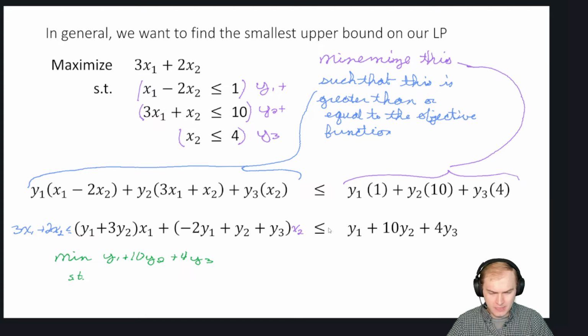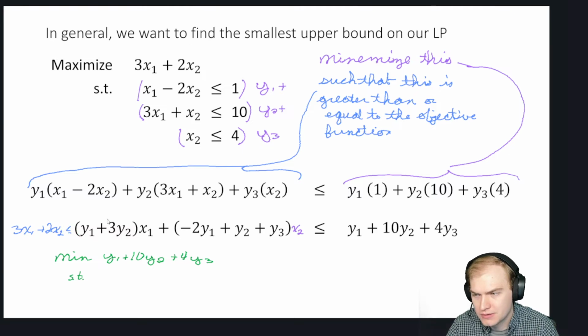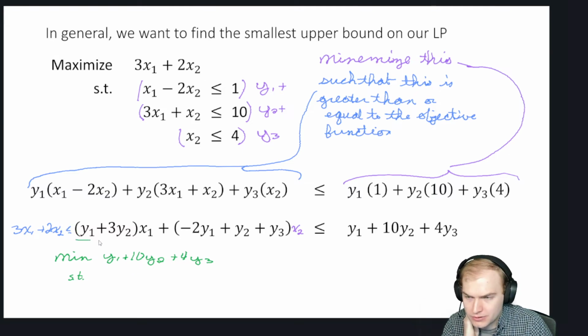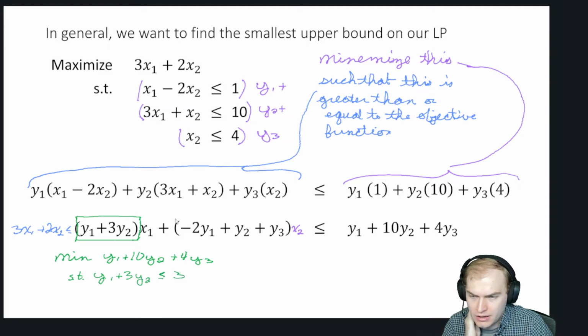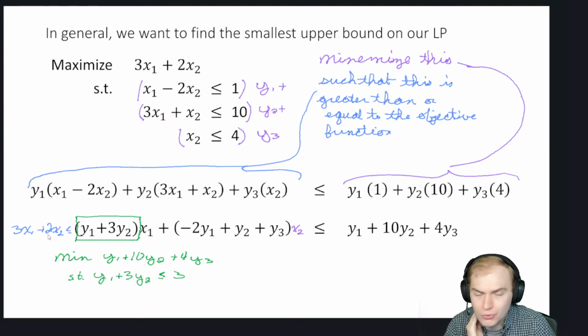That means we can split this apart and evaluate this inequality term-wise. The x1 term has to be less than or equal to 3, and the x2 term has to be less than or equal to 2.